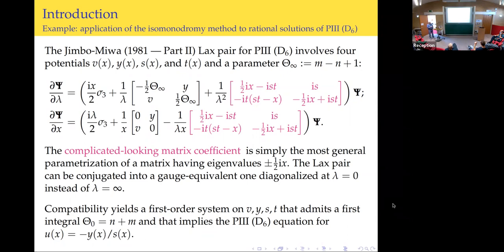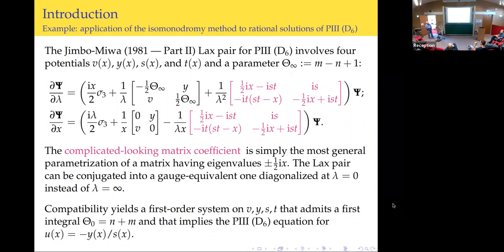Okay. So if you like, you can do it the other way around. You can diagonalize this one, but then you pay the price over here. So what you do is you take these two equations, and these are simultaneously holding true for some function psi of both variables x and lambda, and that requires some kind of conditions on these coefficients for that to be admissible.